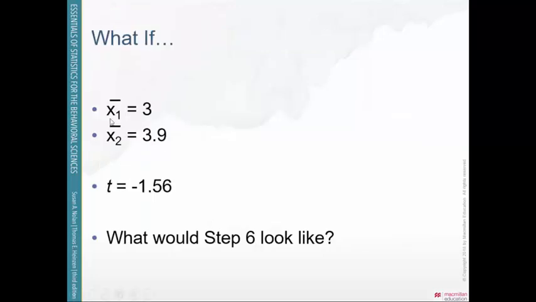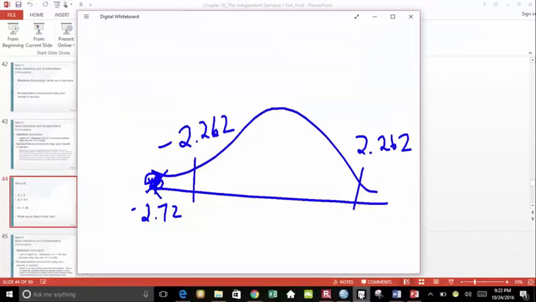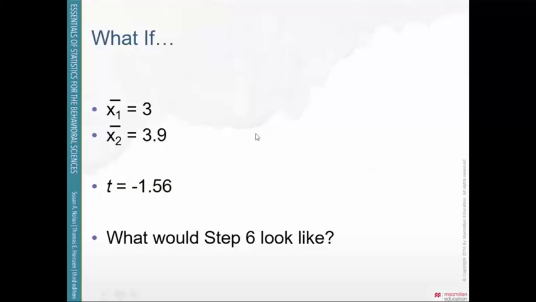So you do have to look at the problem to figure out, is a negative score good or bad? What if the mean for group 1 is 3 and the mean for group 2 in terms of errors was 3.9? If nothing else changed, our t would then be negative 1.56. So coming back over here, our t would now be here, negative 1.56. So now what would your conclusions look like? Take as long as you want to write out your conclusions now.